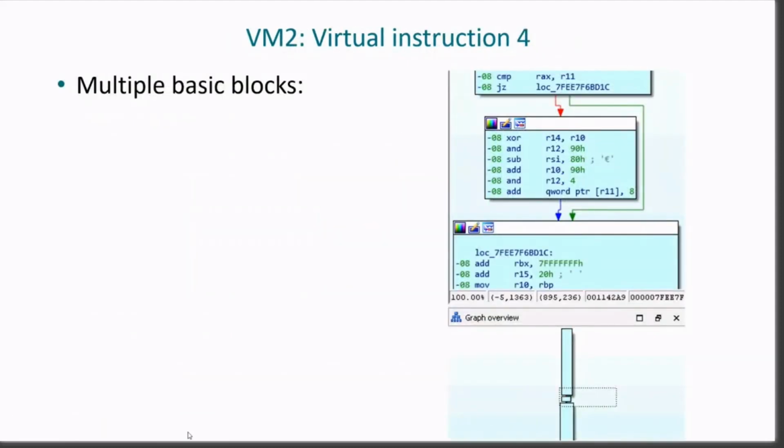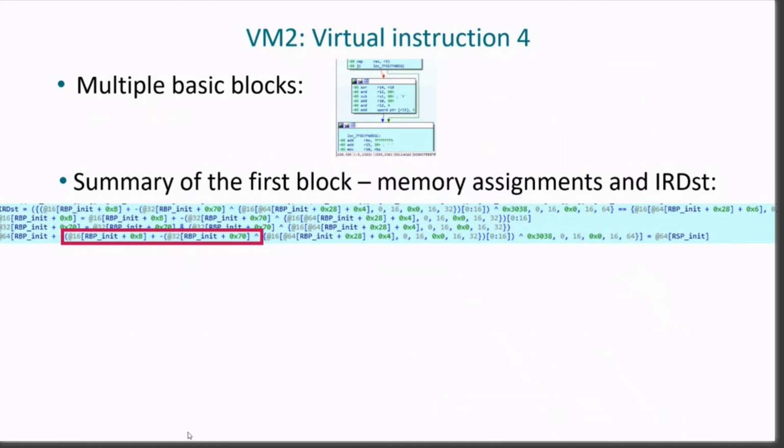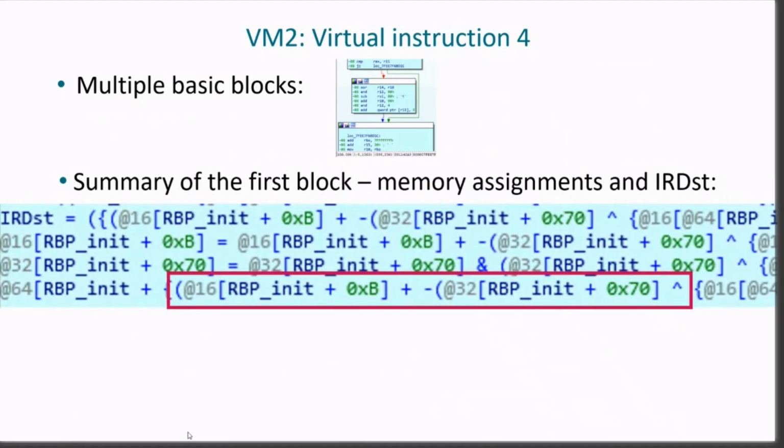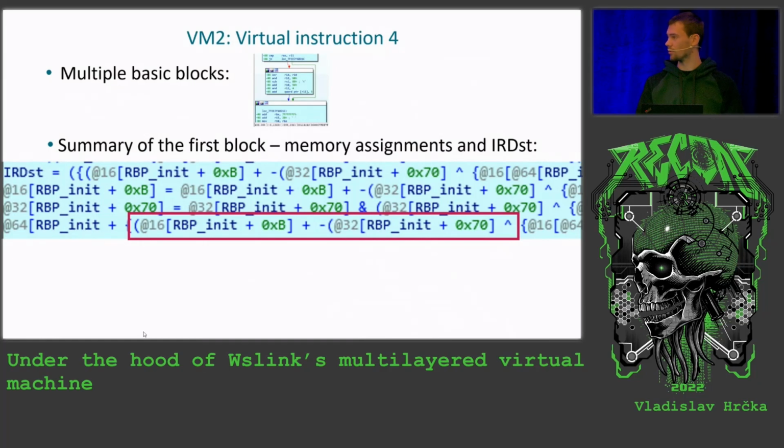This one is the first one that uses multiple basic blocks. If we look at the summary of the first block, it contains this weird expression that encodes operands and the virtual register that should be used.